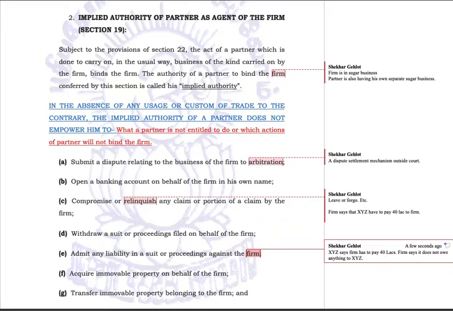There's a dispute between XYZ and the firm. XYZ says the firm has to pay 40 lakhs. And the firm says we do not owe you anything. And there is a court case. He cannot go into the court and say, no, the firm has to pay 40 lakhs. I as a partner say that the firm has to pay 40 lakhs. He cannot do so.